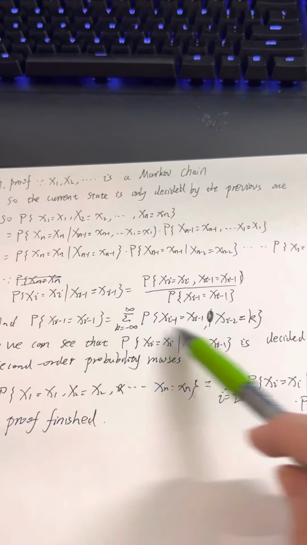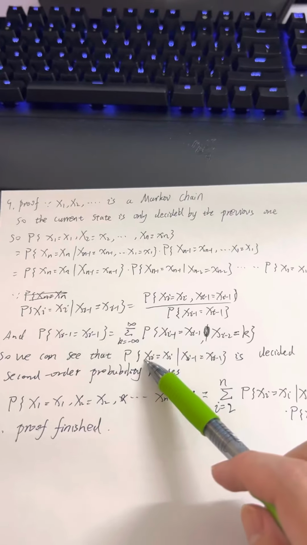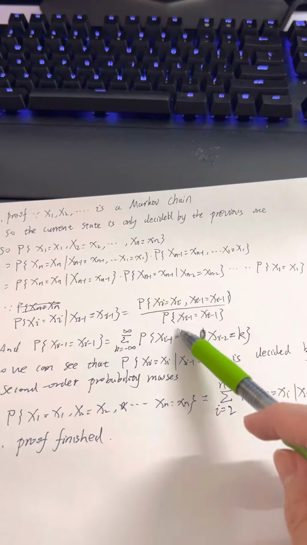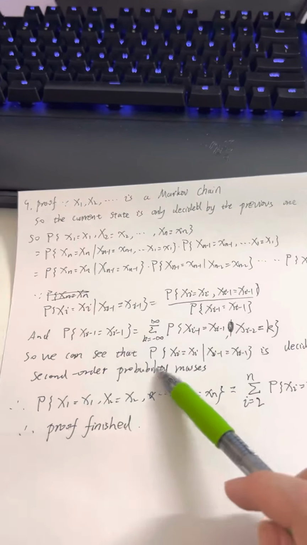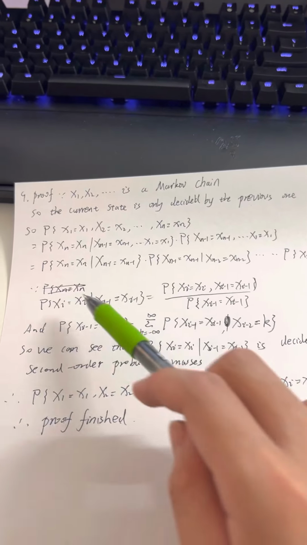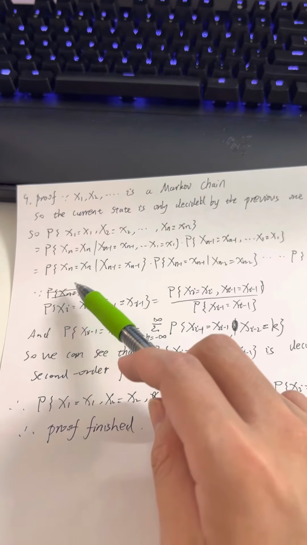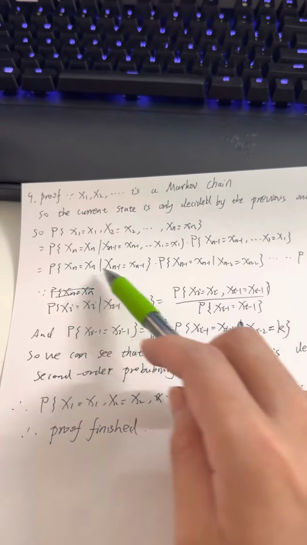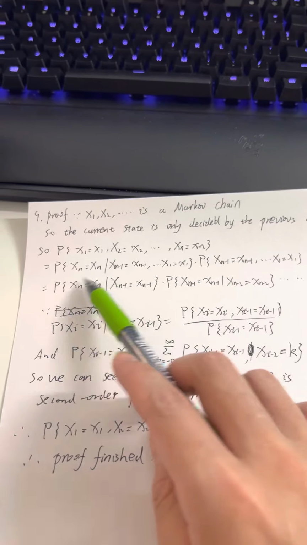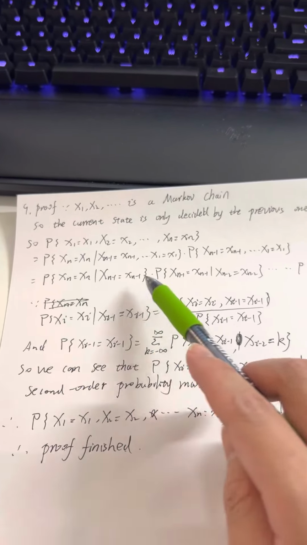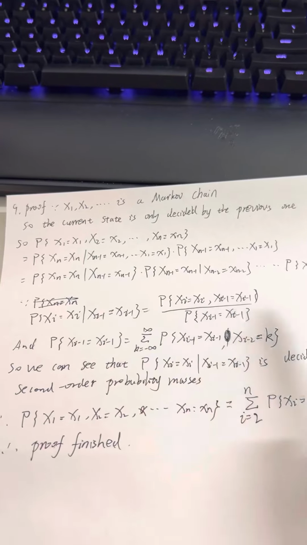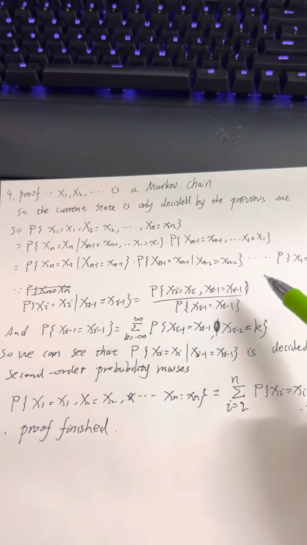It is a very basic formulation, so we can see that this one and this one are also decided by the second-order probability masses. The total probability is decided by all those things multiplied together.